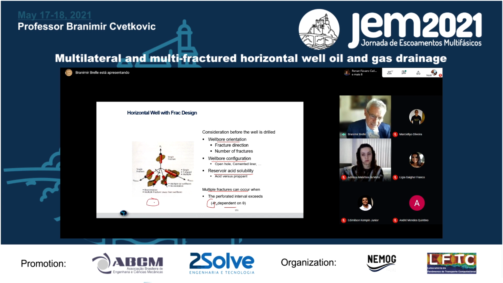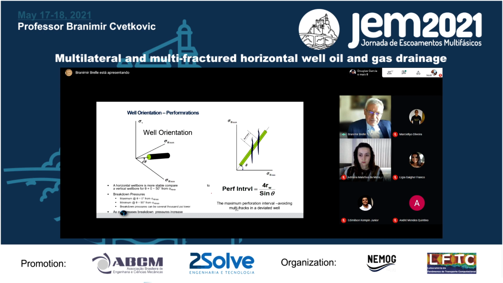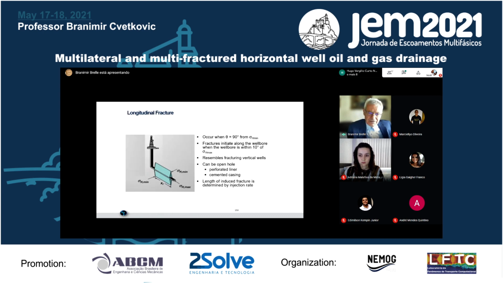If this is the radius of the well, then four such radii, four, is the limit; beyond that you get multiple fracs. So these are the well orientation, and here is also the longitudinal fracture. I mentioned that before. And this is also related to the stresses.